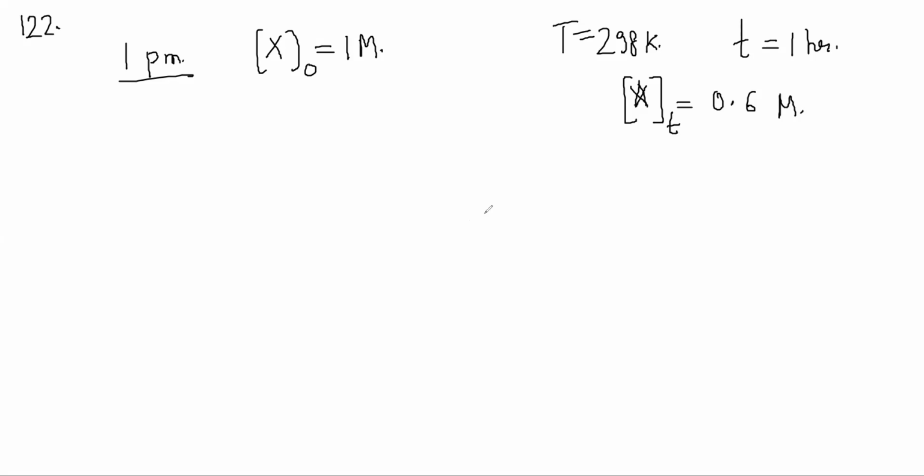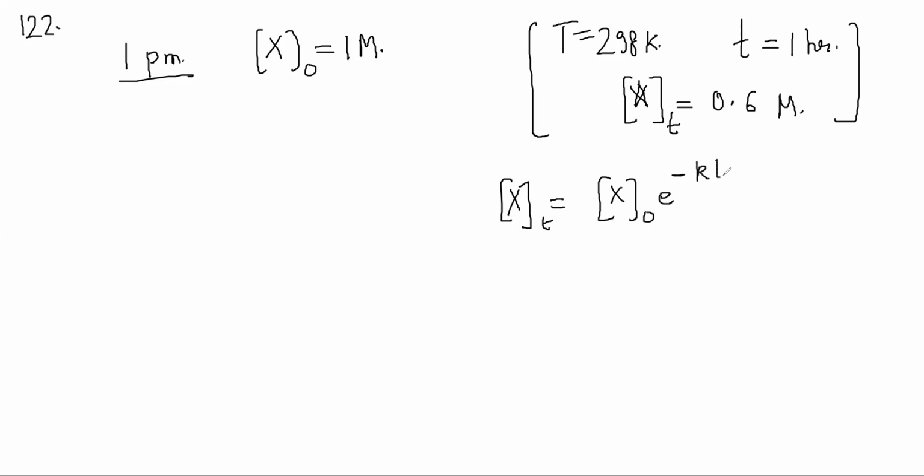Okay. So fine. So now you know some information from this much, right? You have some unknowns, but you know some information also now, right? So you can say X_t is equal to X naught e to the power minus kt, right?